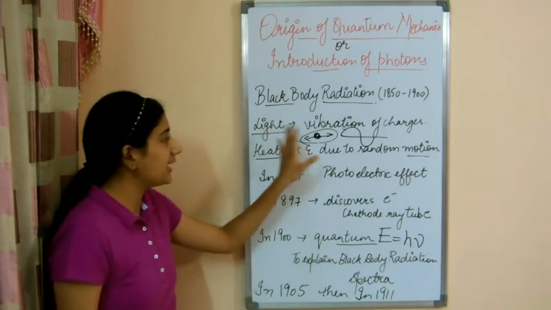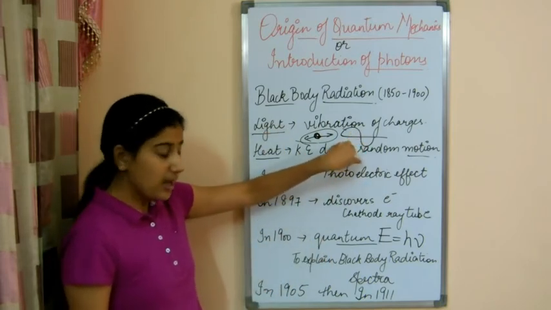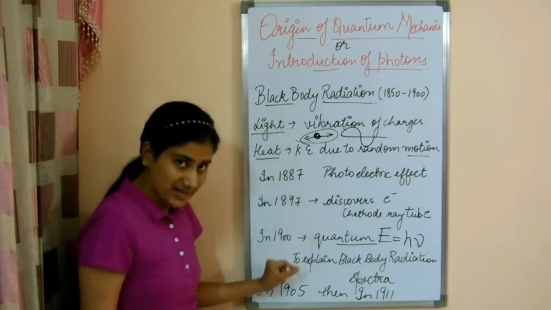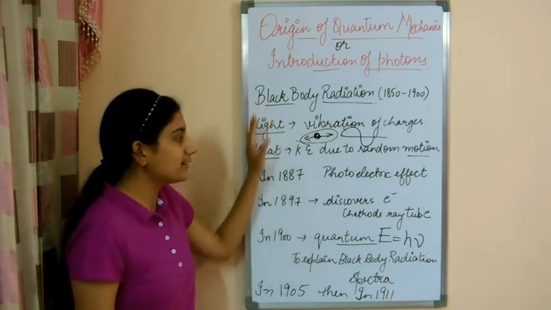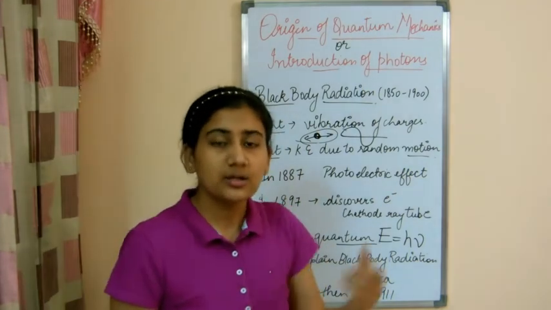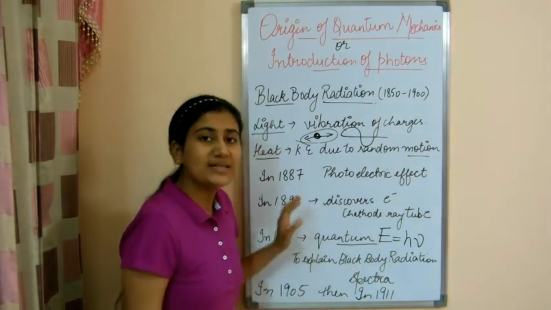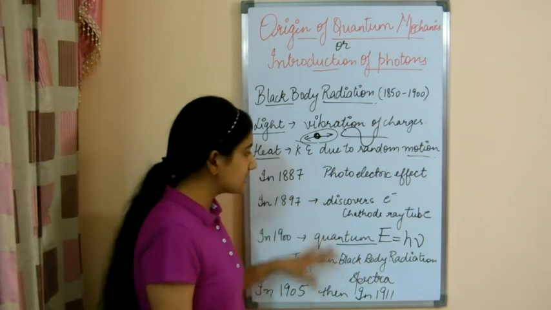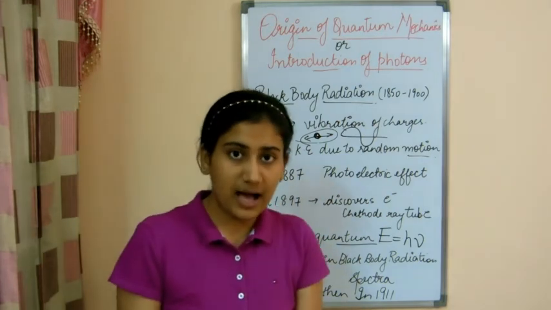That means earlier light was considered an EM wave, but if they take light as a particle, then they get these results. That is why quantum theory was made, which explained their effects and discoveries.